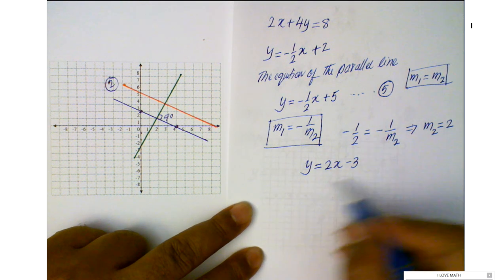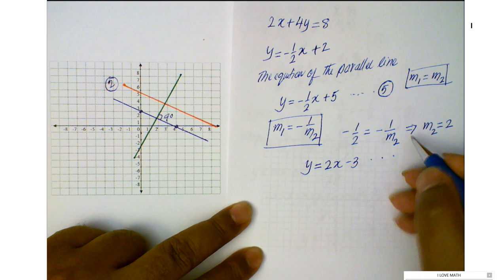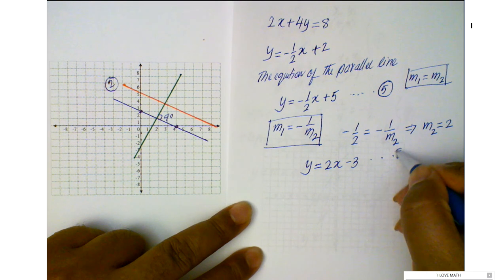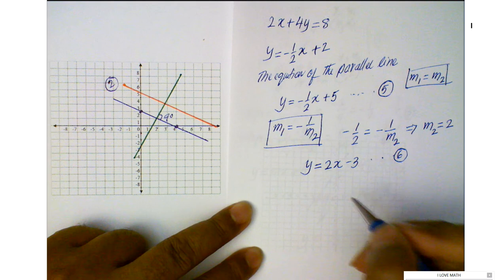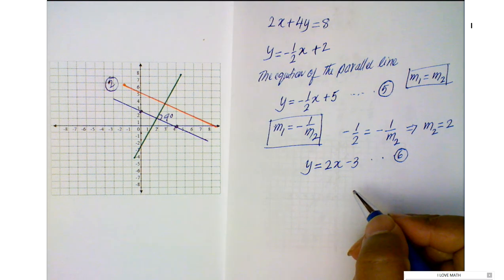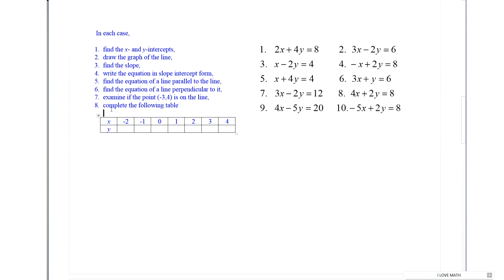So this is the equation. This is the answer to question number 6. Okay, what is question number 7? Question number 7 asks, examine if the point negative 3, 4 is on this line.